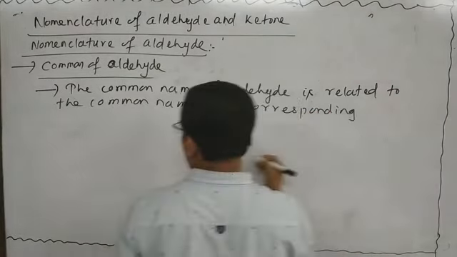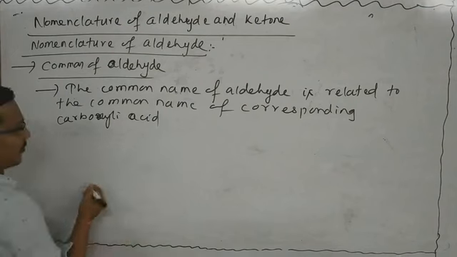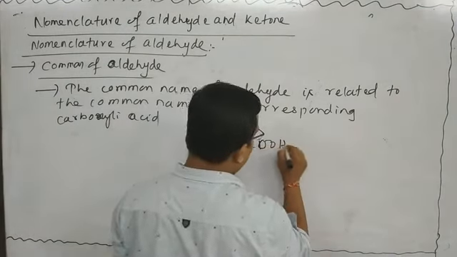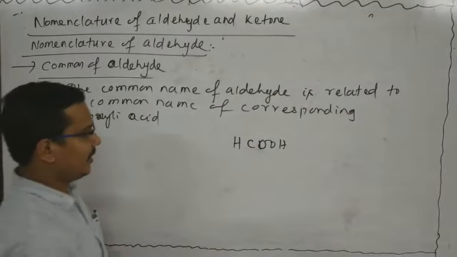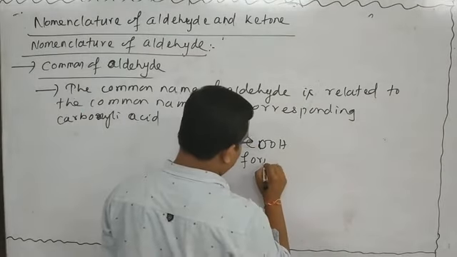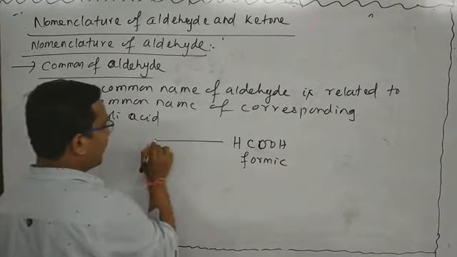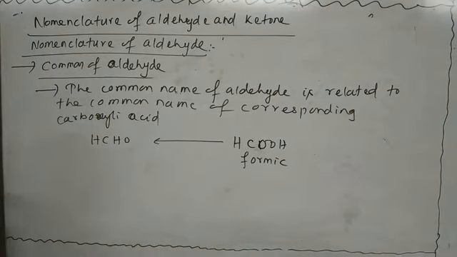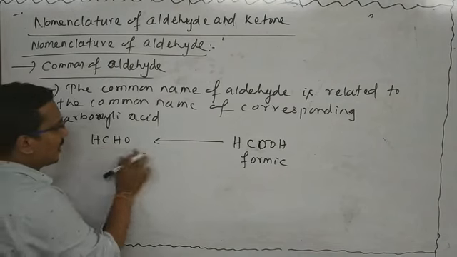Let me discuss with some examples. Suppose we take a carboxylic acid, HCOOH. The carboxylic acid has the name formic acid, and the corresponding aldehyde is HCHO. What will be the name of this aldehyde?